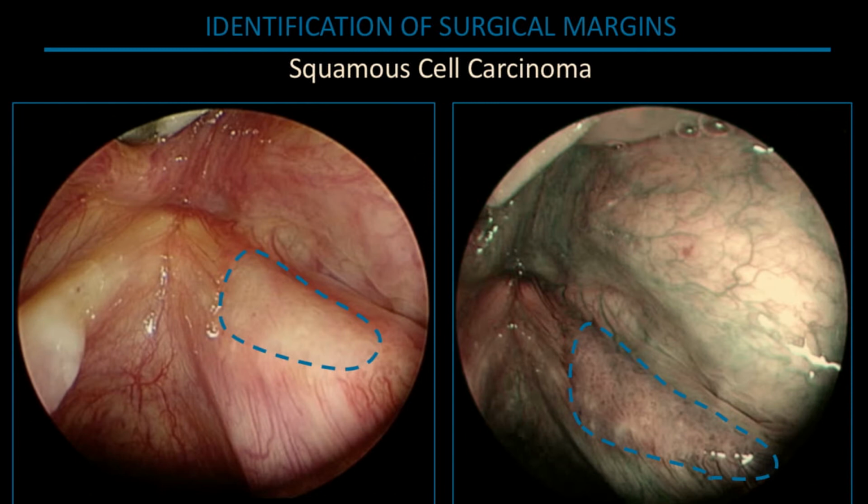I will show you later a very elegant paper written by Professor Farah, where the number of molecular changes and abnormalities is much higher close to the tumor compared to the resection margin.